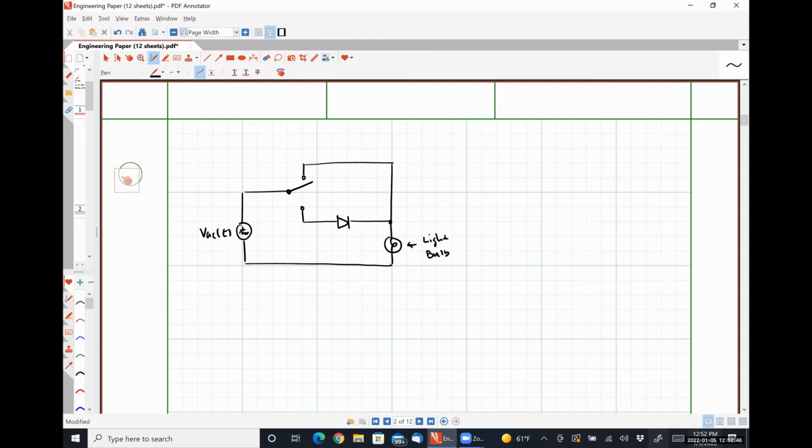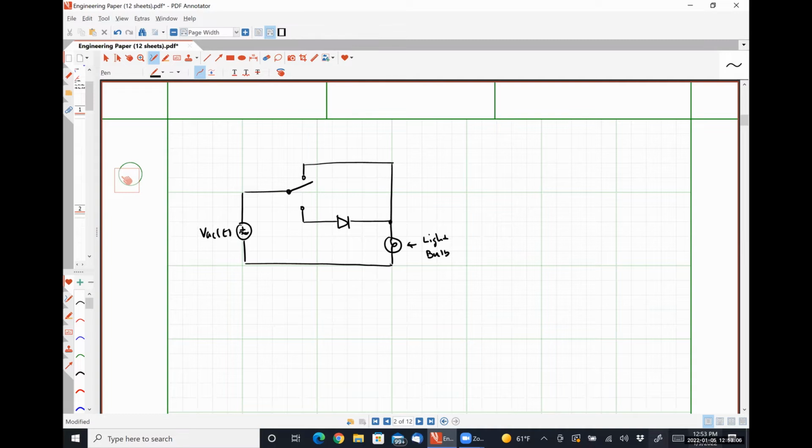So if we have a frequency of 60 hertz, what's our period? Somebody do the math. What's 1 over 60? Should be 16.666 milliseconds, I believe, okay?